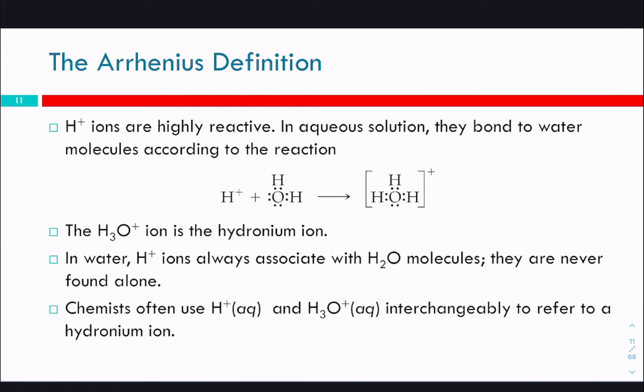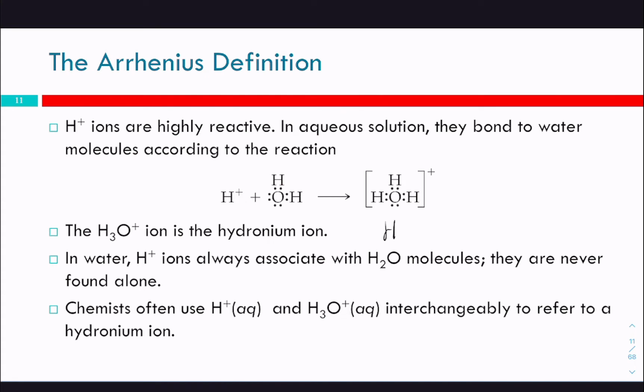The hydrogen ions are highly reactive. This is less important, but in chemistry, we'll often write just this H plus. In reality, that doesn't exist. There's no H plus by itself in water. It's always going to find a water molecule and attach itself so that we get H3O plus.